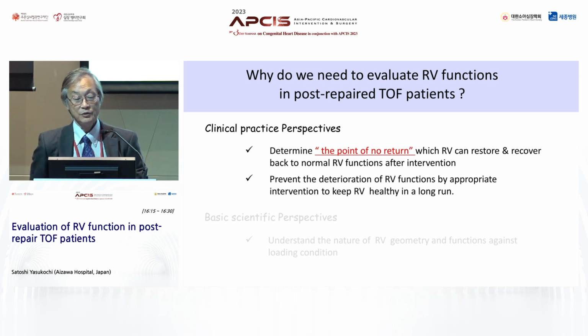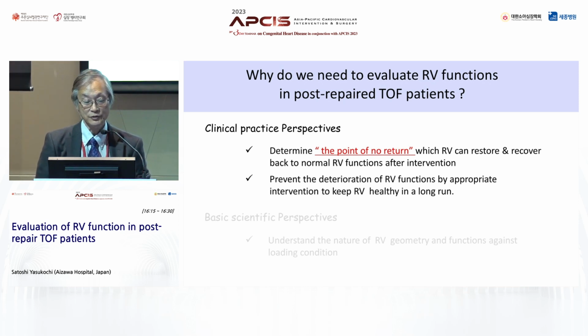So again, back to why we need to evaluate RV function in post-repaired tetralogy of Fallot patients. We need to determine the point of no return, at which the RV can recover back to normal RV function after intervention. This is a very difficult question to answer.